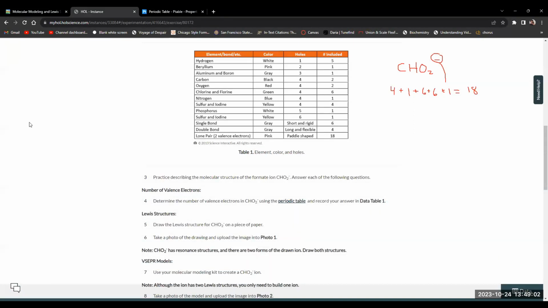So let's draw this. Carbon in the middle, like always. And we have a 4 around it. We have a hydrogen, and then we have 2 oxygens.